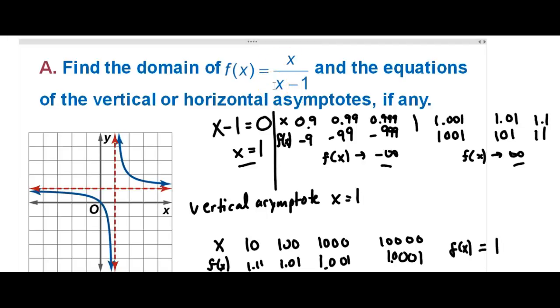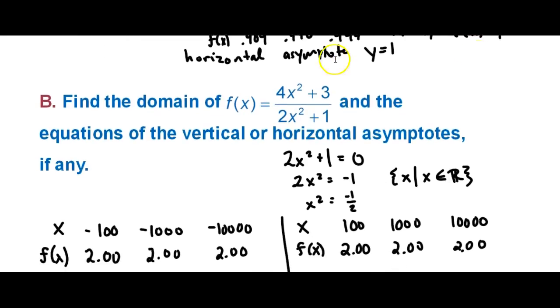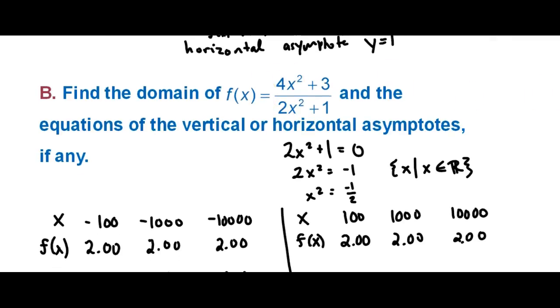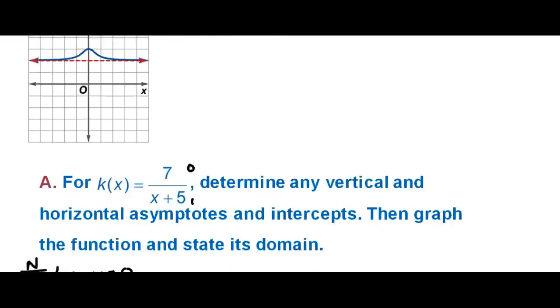How I got those coefficients was simply by asking: what's the highest degree coefficient, in other words? Down here, we can do the same thing. The highest degree coefficient is 4 over 2. Since our degree was the same, that told me I had a horizontal asymptote at y equals 4 over 2, which is y equals 2.